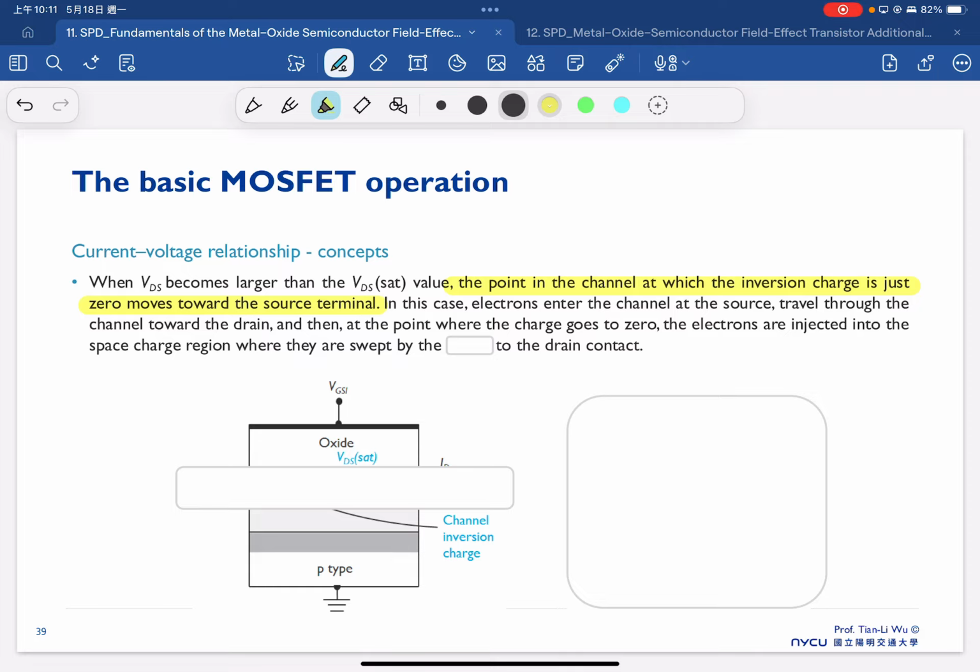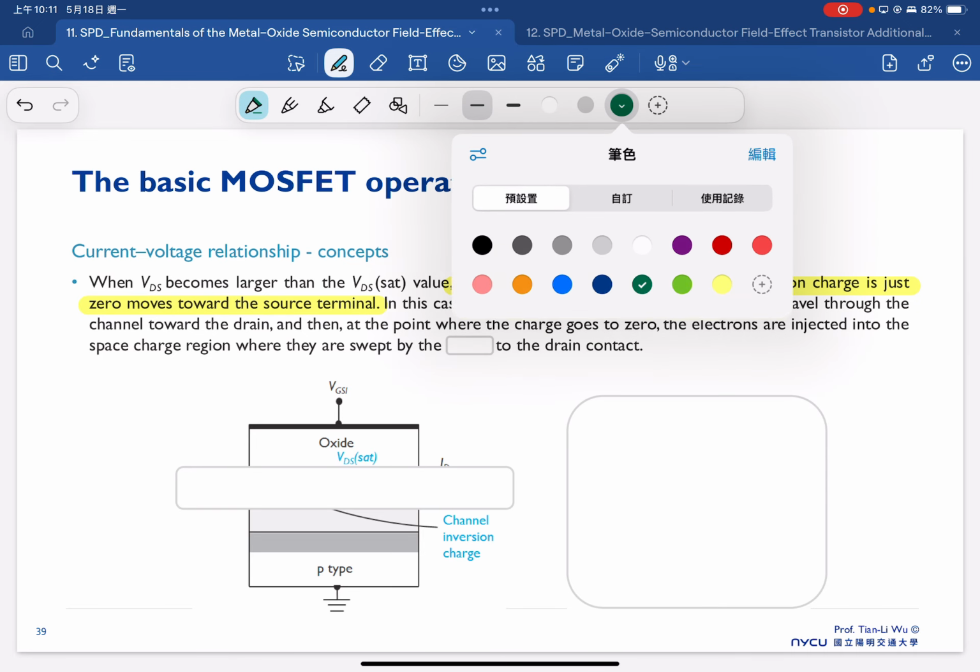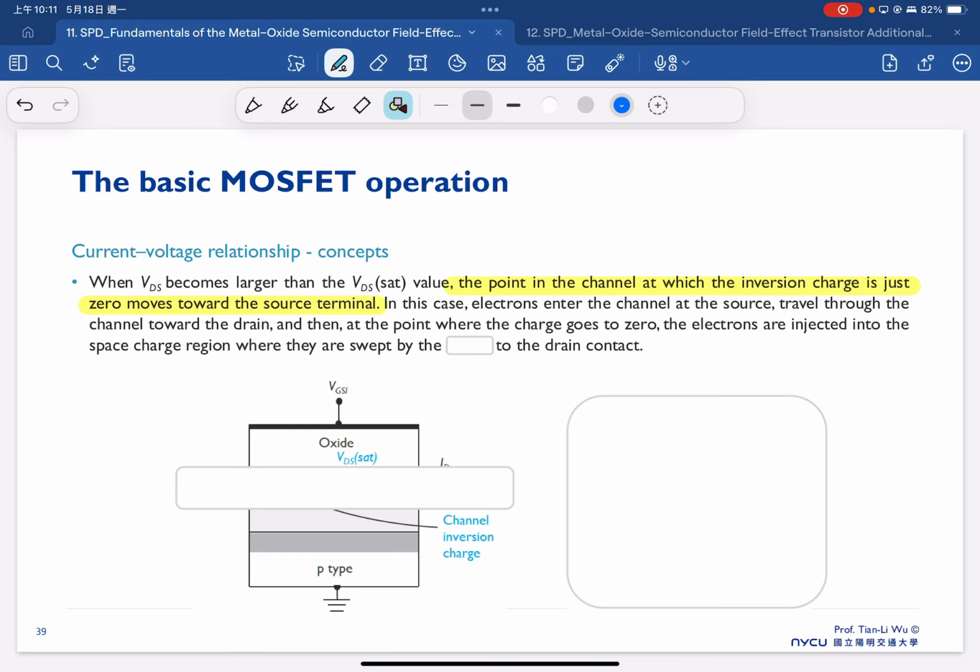From the text, it's difficult to understand, so let's try to explain it step by step. Imagine you have the MOSFET structure. This is a typical MOSFET where we have the source, drain, and gate.